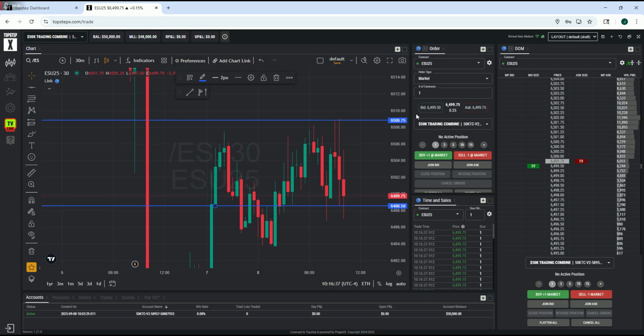It looks like it wants to go. I don't really want to risk off the channel high. 6,500 might be an okay place. This 30-minute doesn't close for another 14 minutes.